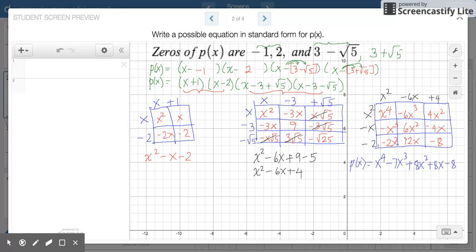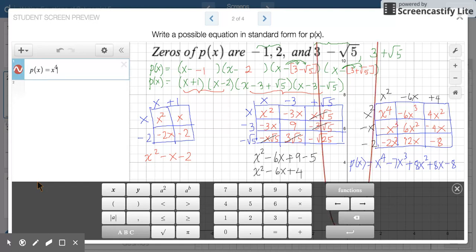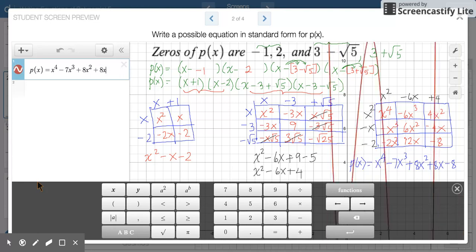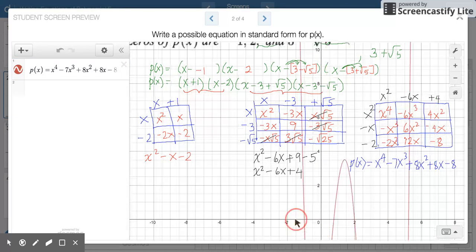All right, so let's graph p of x and see if it satisfies all the conditions. So I'll put here p of x is equal to x to the 4th minus 7x cubed plus 8x squared plus 8x minus 8. Okay, let's take a look at the graph.